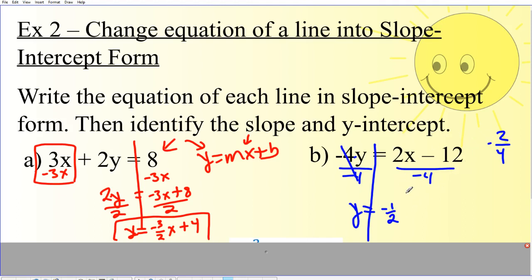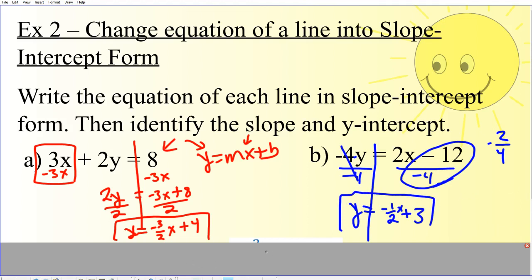Negative 12 divided by negative 4 is a positive 3. Remember how we were doing this earlier? Negative divided by negative is positive? Yeah. You don't believe me? Type it in the calculator. Oopsie. I forgot my x. It's negative 1/2 x. Now, that's slope-intercept form.